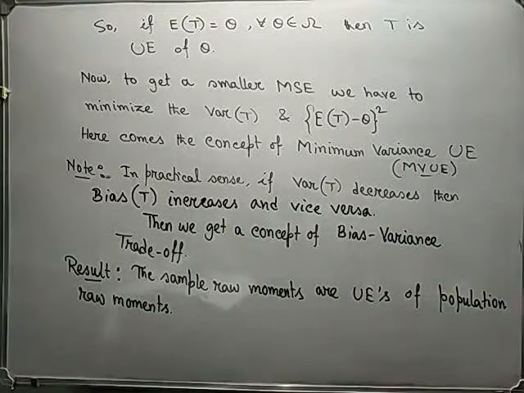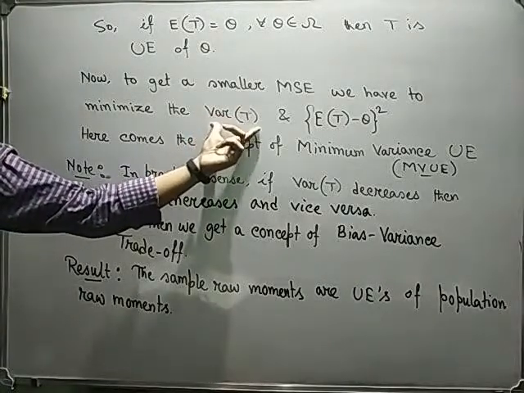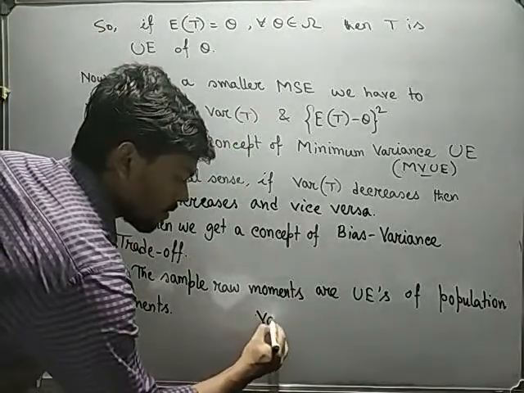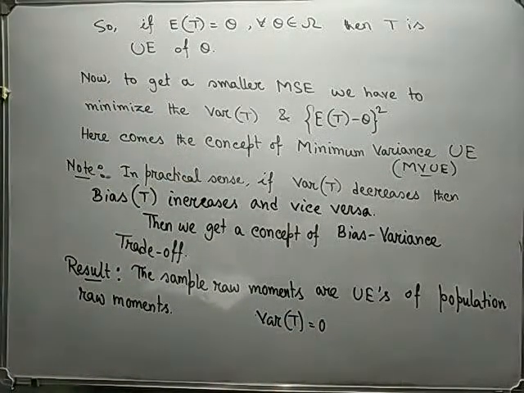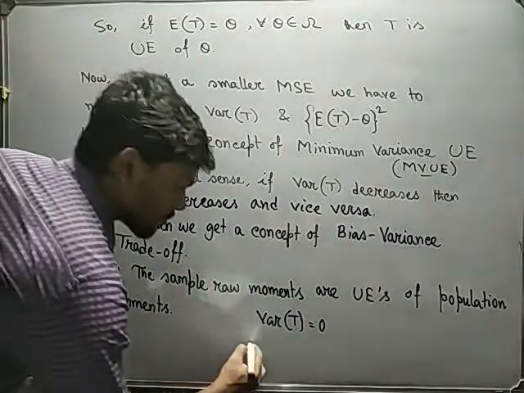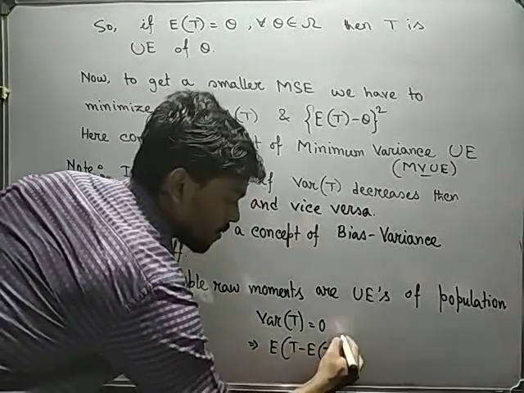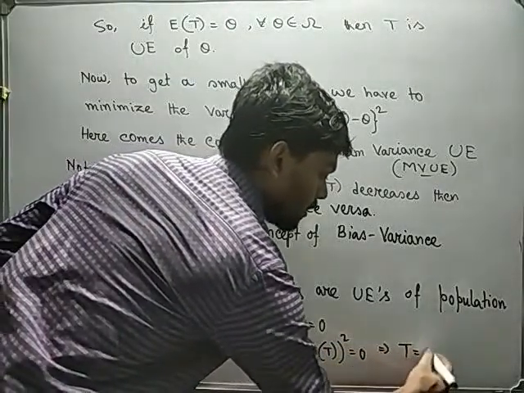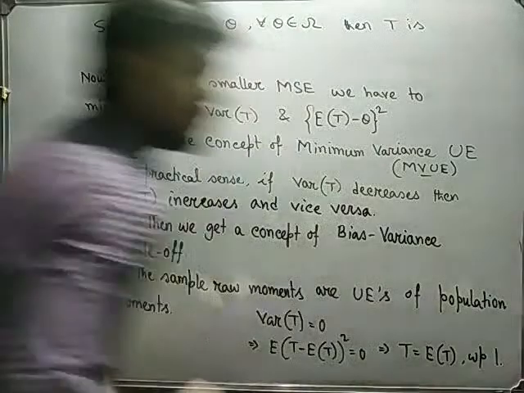Variance of T cannot be exactly equal to 0. The question is from Indrashish. If the variance of T is equal to 0, then the expectation of (T minus E(T)) square will be equal to 0, and then T will be equal to the expectation of T with probability 1.